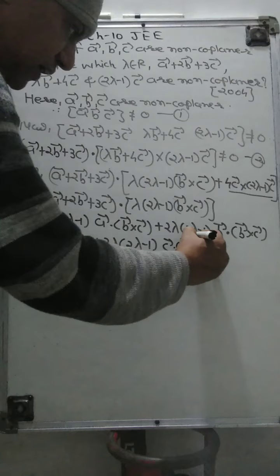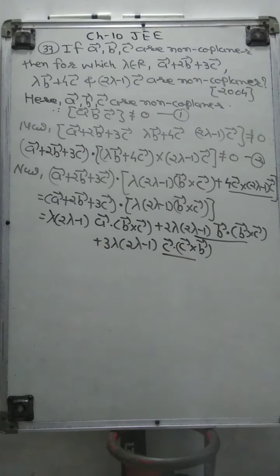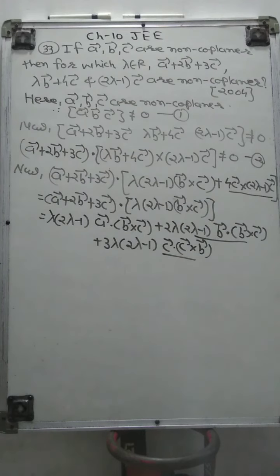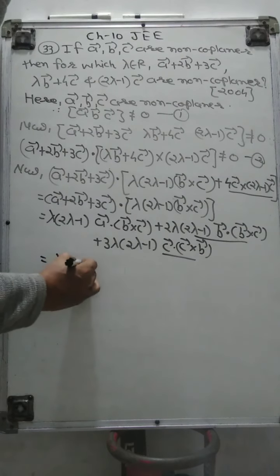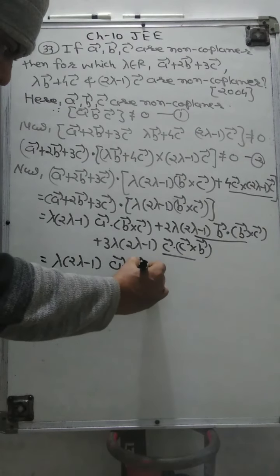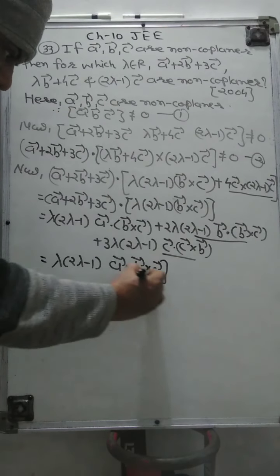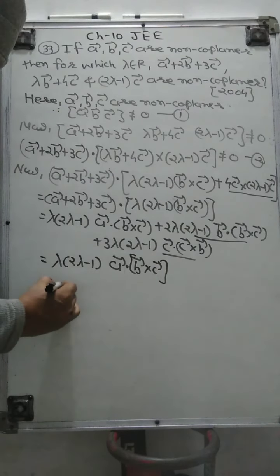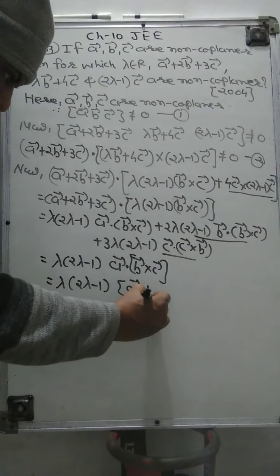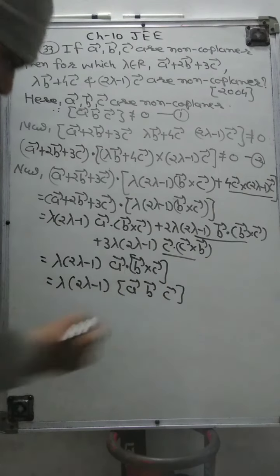But now you see that these two terms are 0 because two rows are equal. So we have only lambda 2 lambda minus 1 and a bar dot b bar cross c bar, which is lambda 2 lambda minus 1 box a bar b bar c bar.